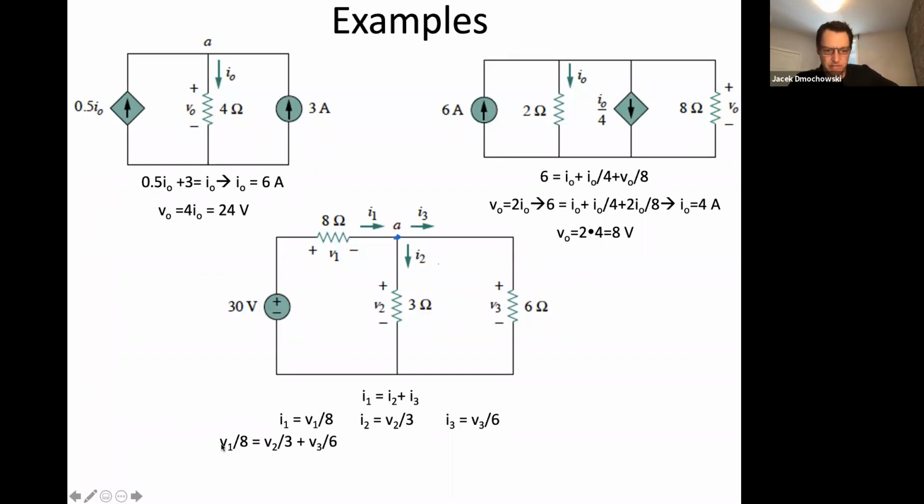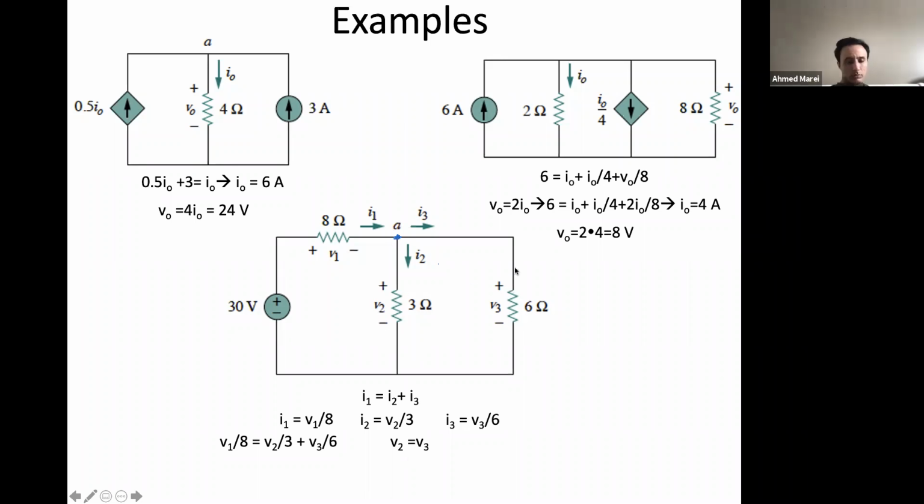Okay, so V1 over 8, that's I1, is equal to V2 over 3 plus V3 over 6. That's just plugging these three equations into this fundamental KCL equation. We also have that V2 and V3 are in parallel.